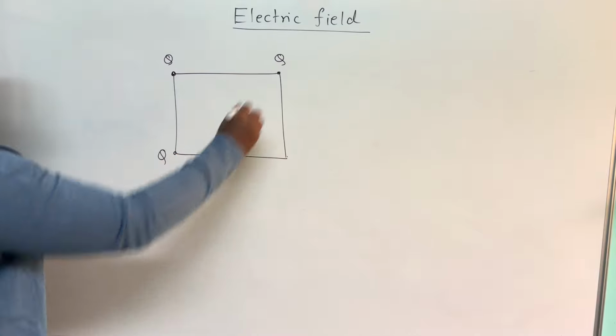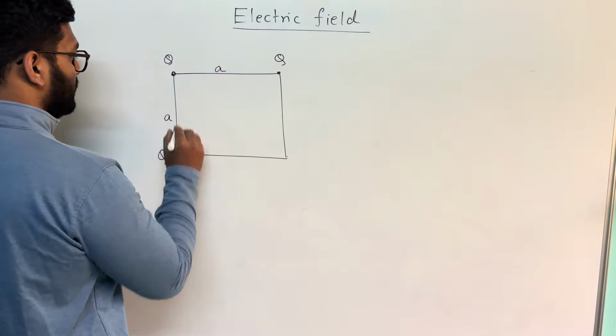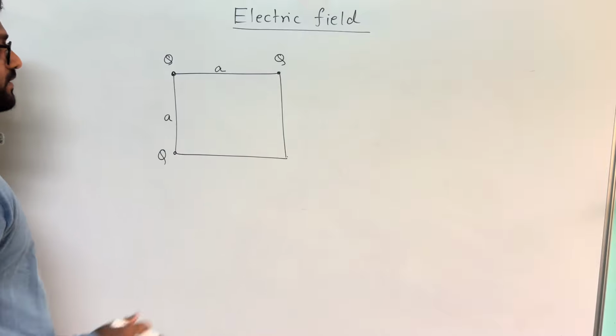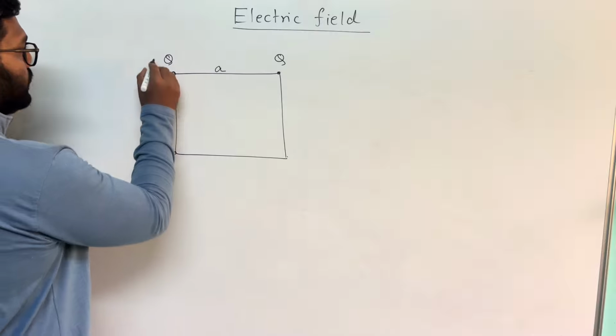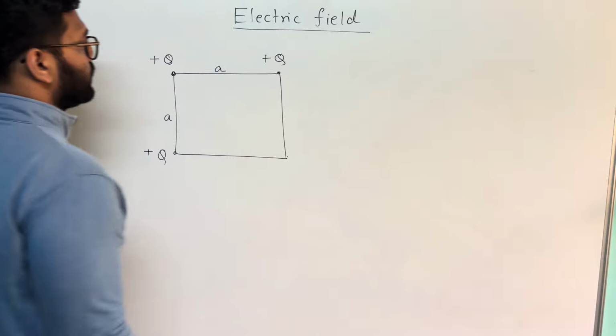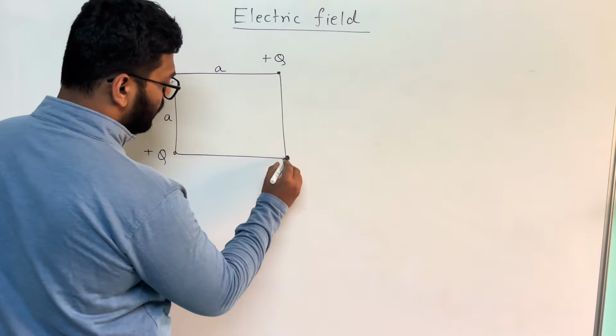These three vertices have the charges q, and let's say the side length of the square is a. This is a positive charge, this is a positive charge, and this is also a positive charge. I want to find out the electric field at this particular point.